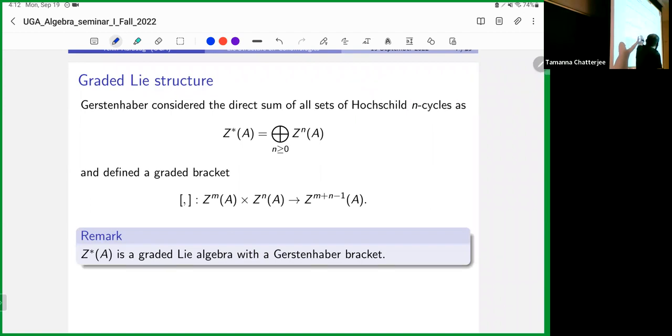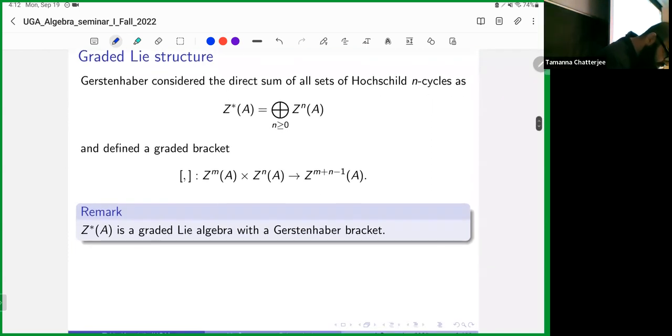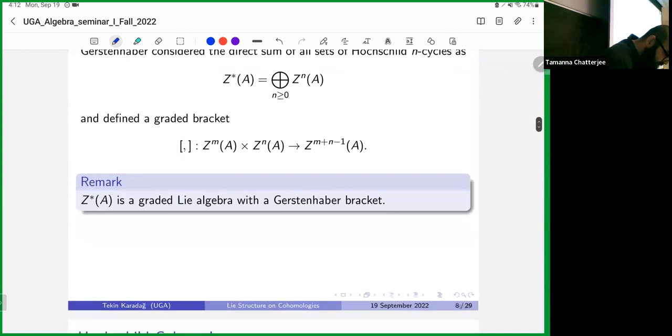And once we define this bracket, we are able to get a graded Lie structure on this part. Actually, for now I may write a couple of small degree examples here.